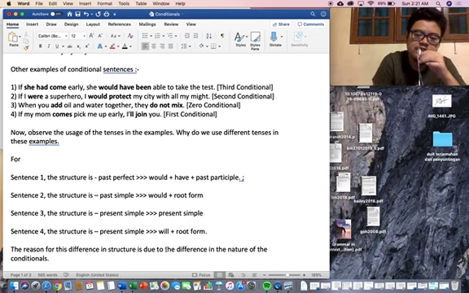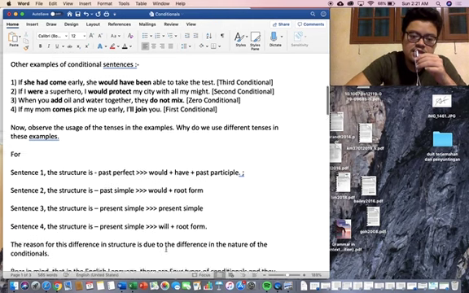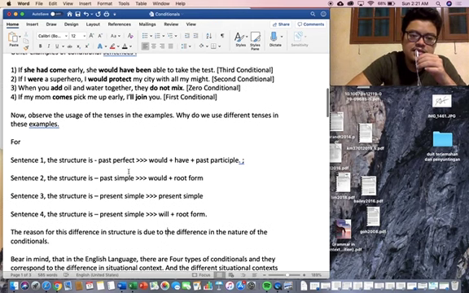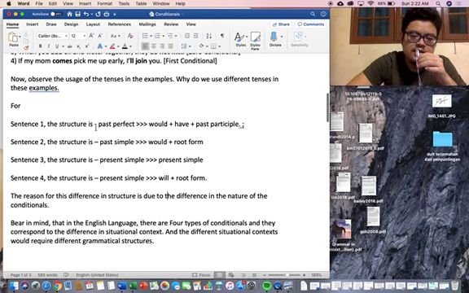Is it the zero conditional, the first conditional, or the second or third conditional? Each of these conditionals has a different structure. You see the structure here, I wrote the formula like this: past perfect is the condition, and I use the arrow here to show the consequence, which is the result clause.